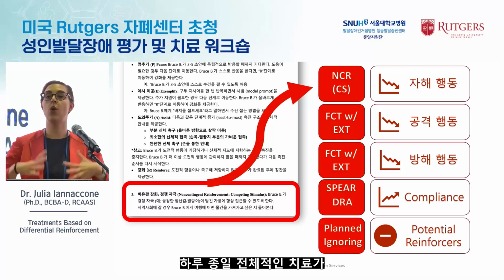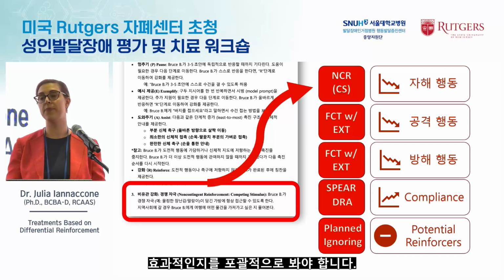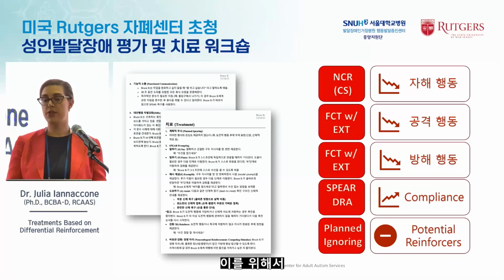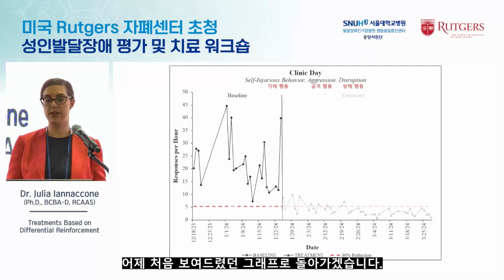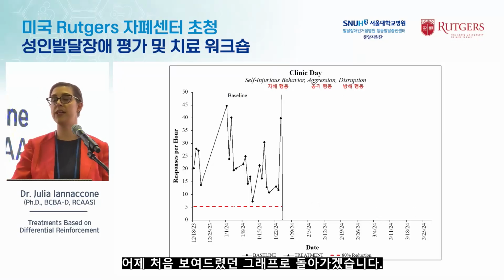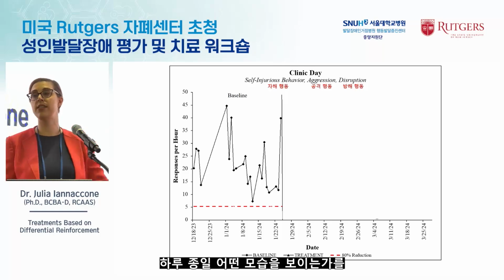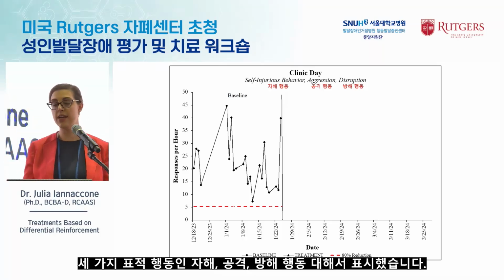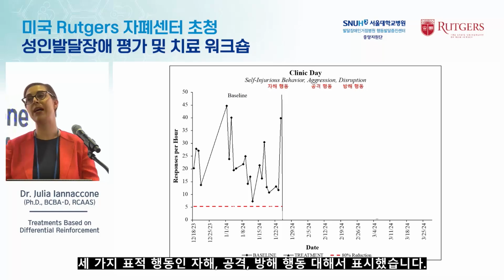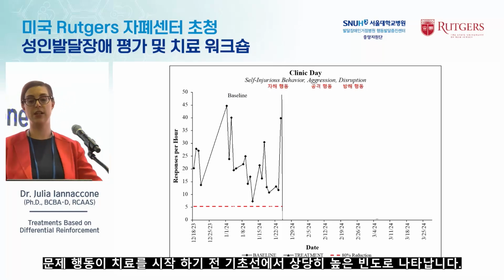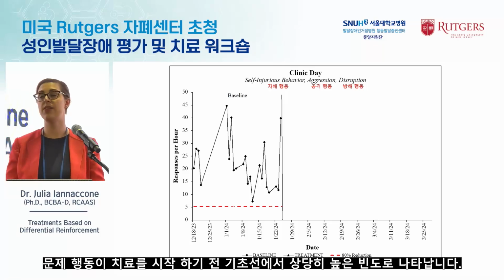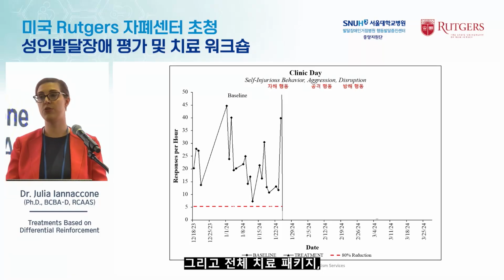Now we need to make sure that the whole treatment plan works throughout the day. So to evaluate that, we are going to look at the graph that I showed you guys at the beginning of yesterday. So this is his baseline phase again. So this is how he does in general throughout the day for all 3 of his combined target behaviors: self-injury, aggression, and disruption. And we see that he's engaging in a pretty significant amount of problem behavior at baseline before we implement his treatment.